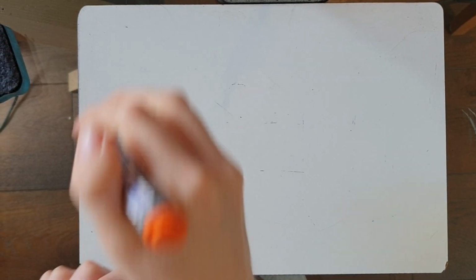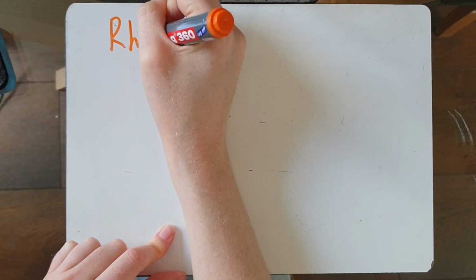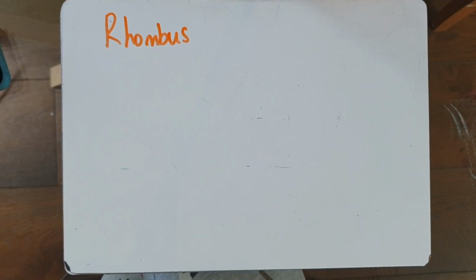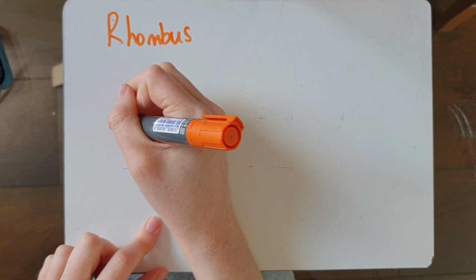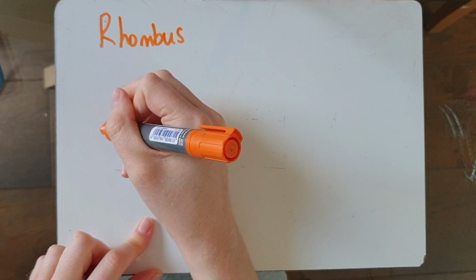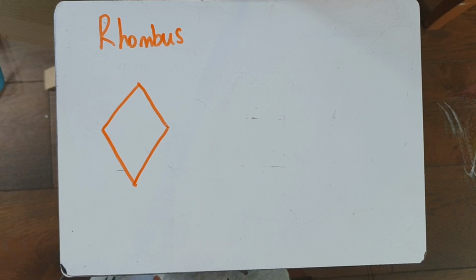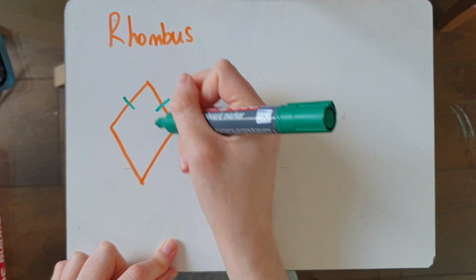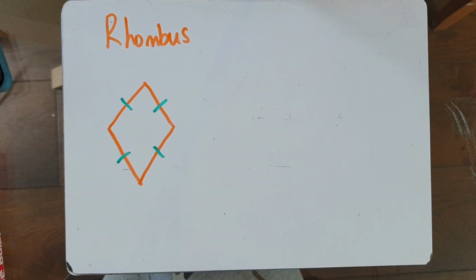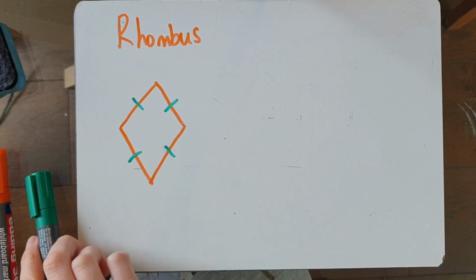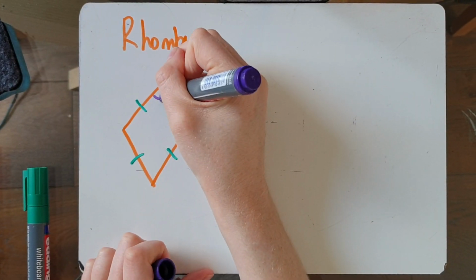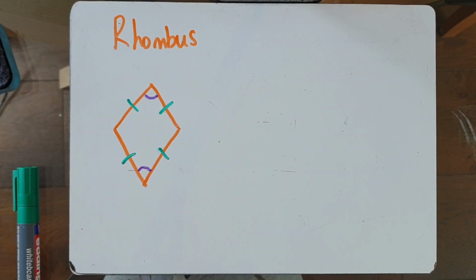Okay, next one. Did you get this one? It is a rhombus. A rhombus is a bit like a square because it has 4 equal sides. I haven't drawn it very well, but they are supposed to all be equal. It has 2 pairs of equal angles, so the opposite angles will be equal to each other.